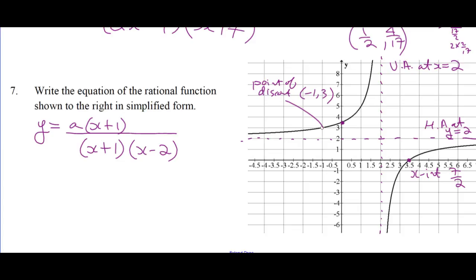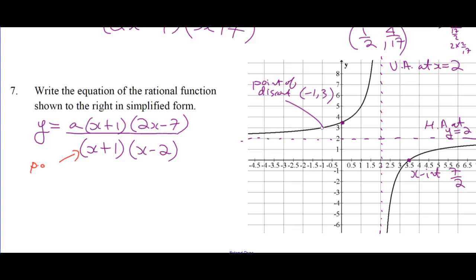What other information do we have? We have the x-intercept. The x-intercept occurs when y is 0, so what's going to make the numerator 0? x is 7/2. If x is equal to 7/2, then 2x is equal to 7, and the factor is 2x minus 7. Let's label these while we're here.